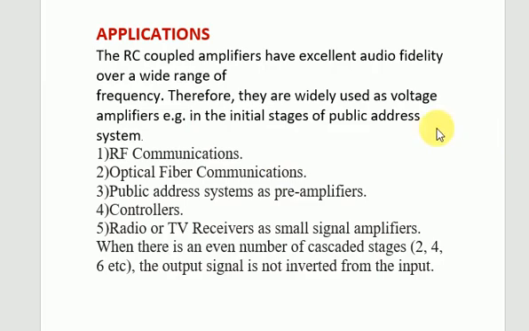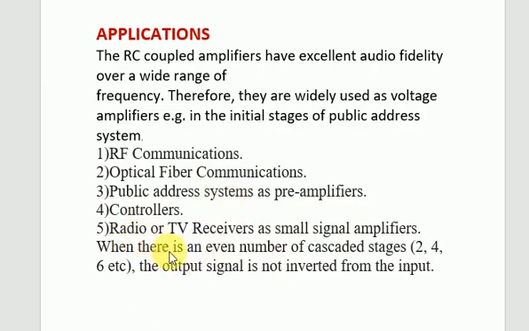They are also used in RF communications, optical fiber communications, and widely used in public address systems as preamplifiers. They are also used as controllers. They are widely used to amplify audio signals, and also they are used for radio or TV receivers as small signal amplifiers.